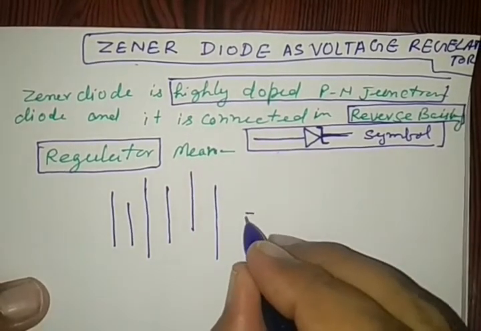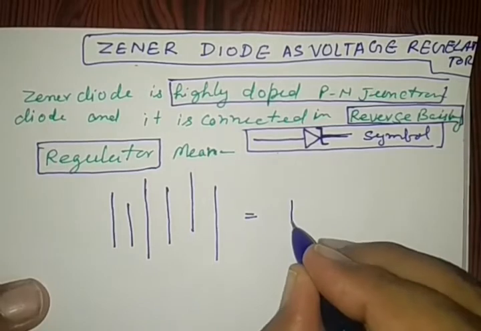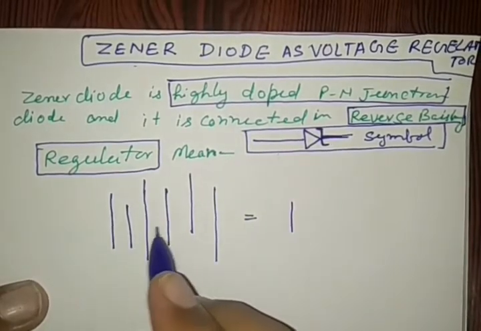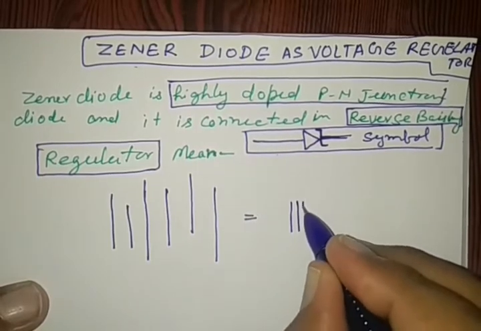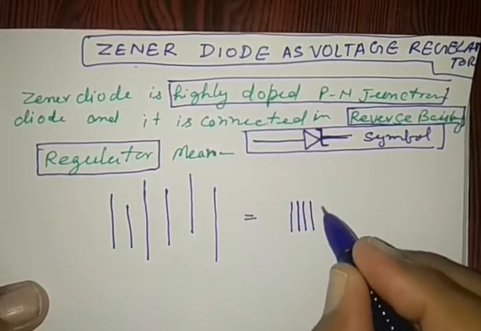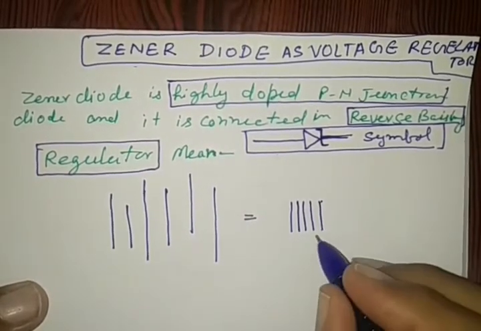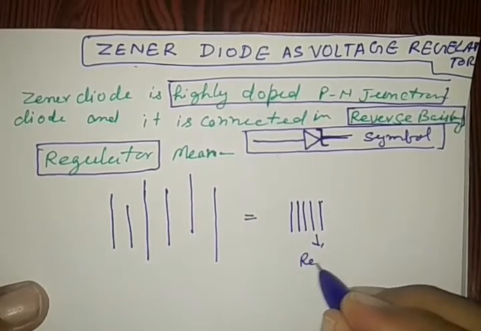If you want to convert them into a form like this, 1, 2, 3, 4, 5, this is called regulated voltage.